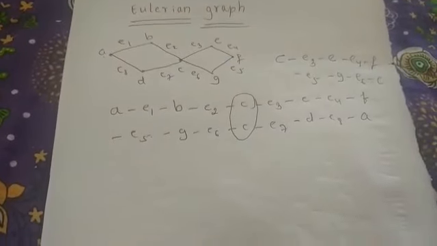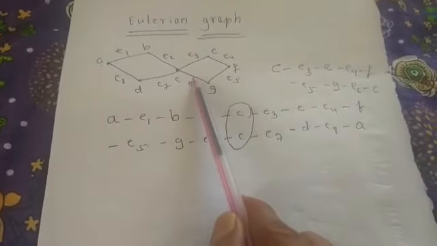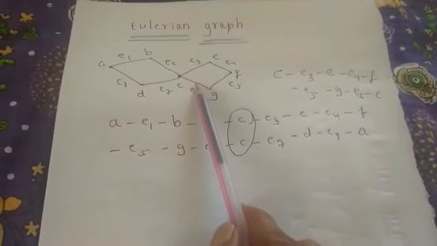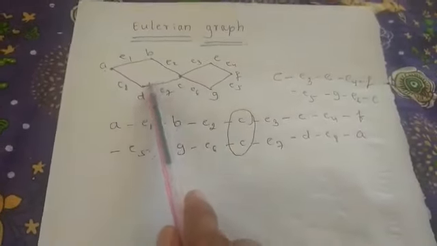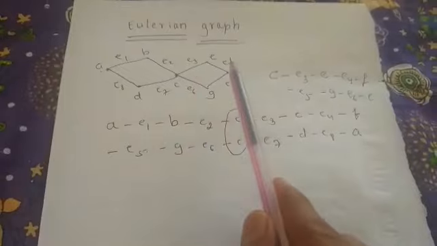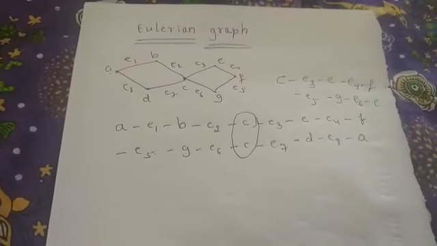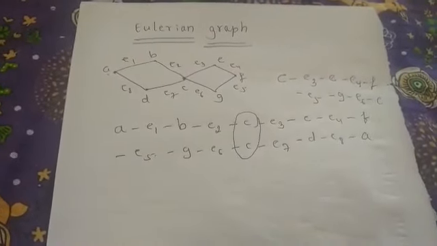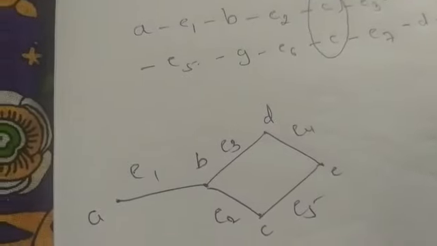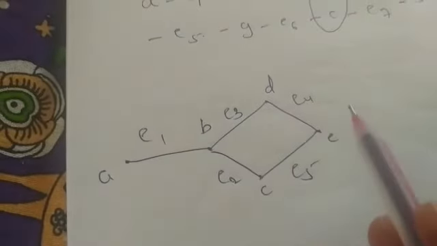I'll repeat it once again. This walk, an Eulerian path or Eulerian walk, includes all the edges exactly once, but vertices may be repeated. Now we'll consider one more example here.